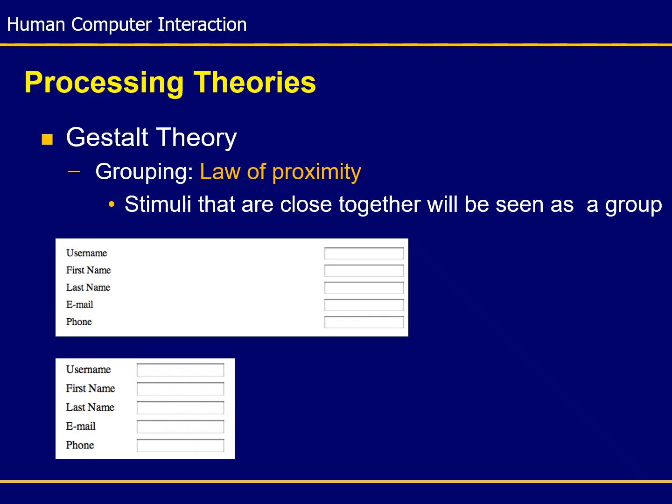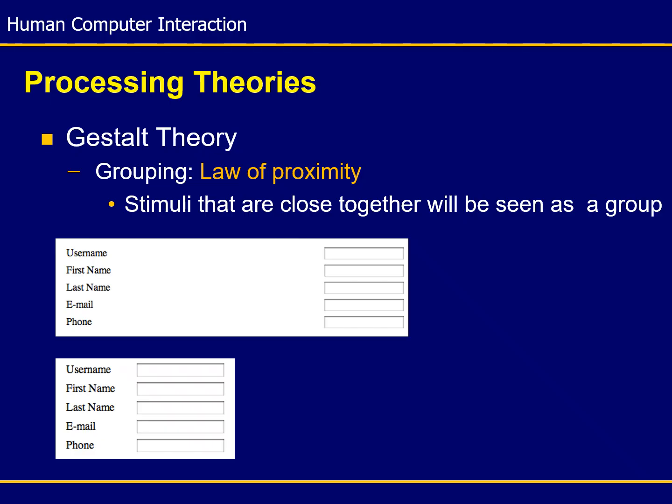This is an example of what I was just describing. If you look at these 2 forms and I ask you which one is better to look at, you will keep looking and then you will tell me the one at the bottom. The reason is that each row is actually one unit. It's the username label and the text field you're supposed to enter the username in. It's the first name label and the text field you're supposed to enter your first name in.